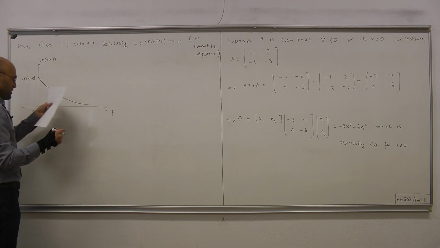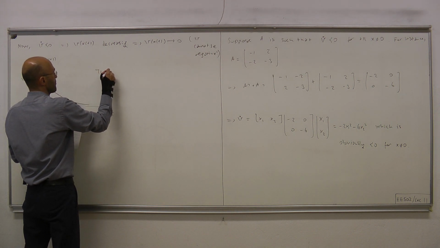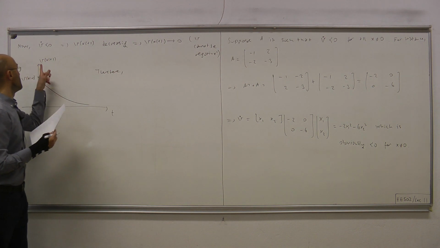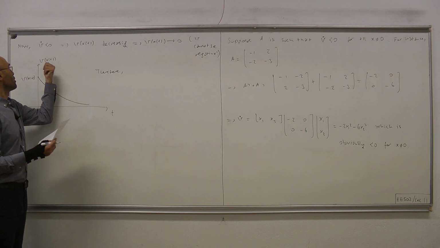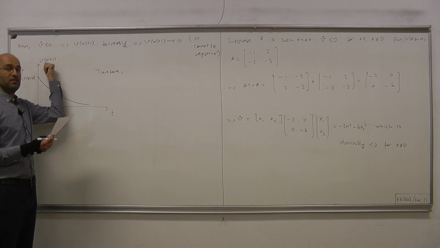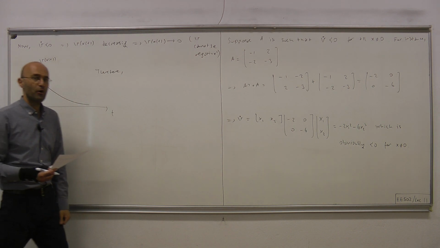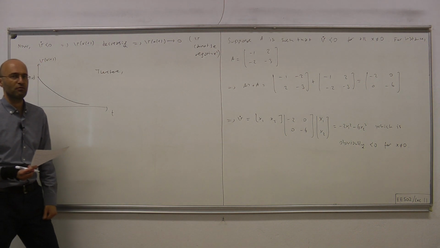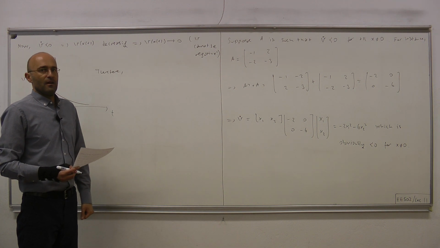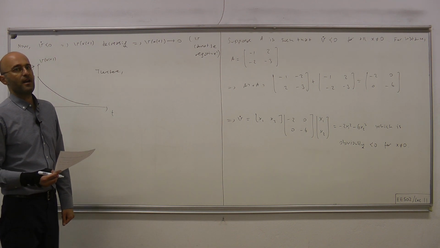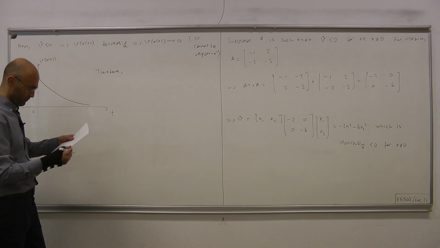So this means that since v was norm square of x, therefore norm square of x of t, the solution, must be going to 0. Therefore, the norm of x of t must be going to 0. Therefore, by definition, the system x dot equals Ax is exponentially stable.